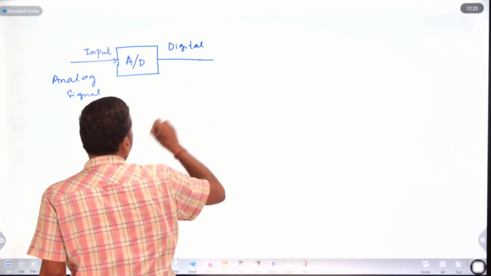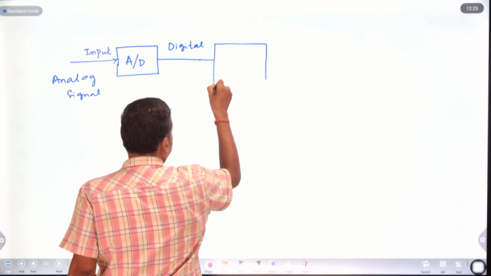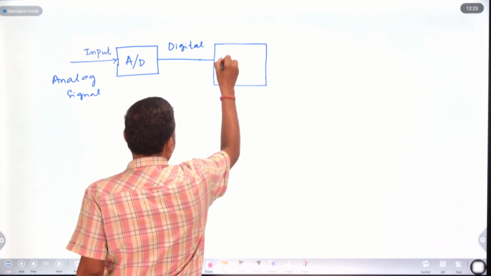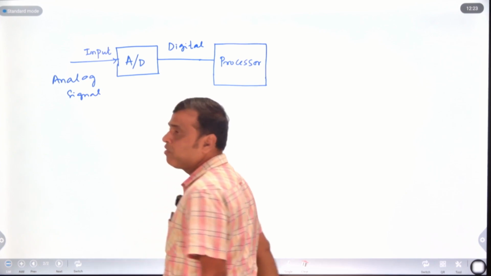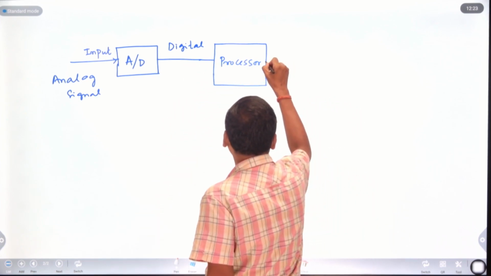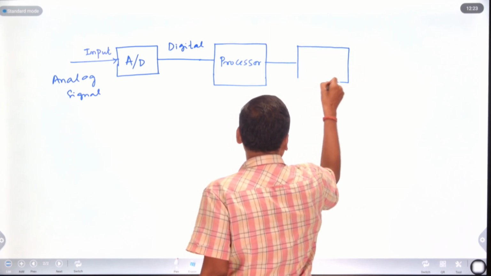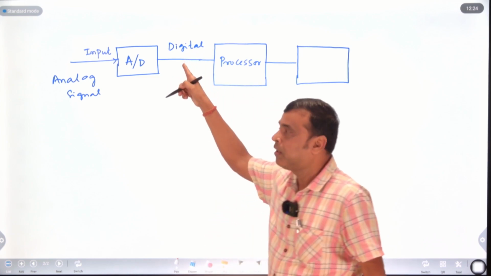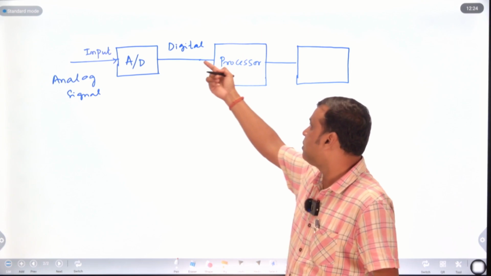Then here is your DSP processor. The processor will process the digital signal. The input to the processor is digital, and it processes the digital signals.